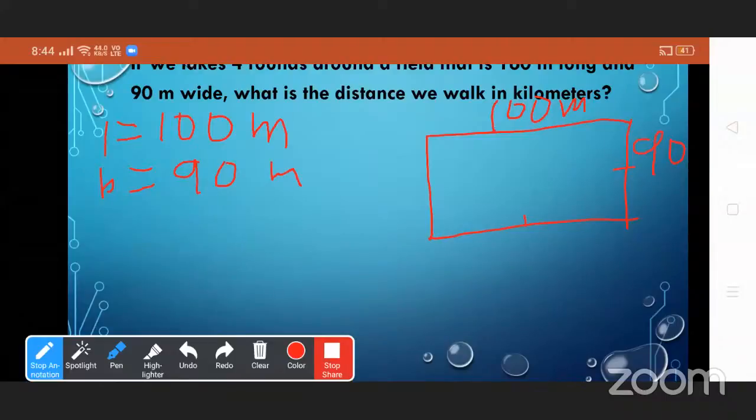P is equal to 2L plus 2B. 2 into L plus 2 into B. So here the length given is... what is the length of the given rectangle? L is this.